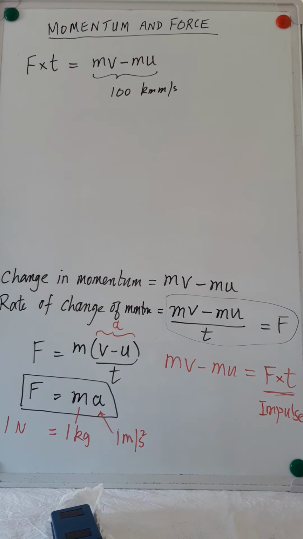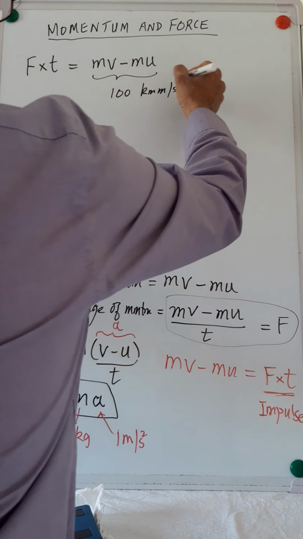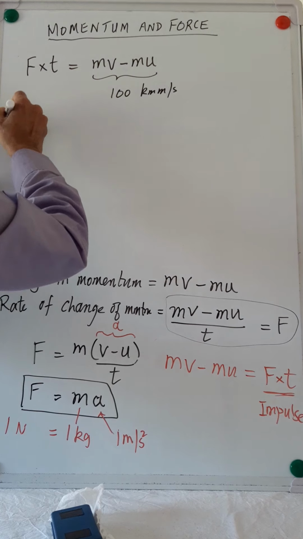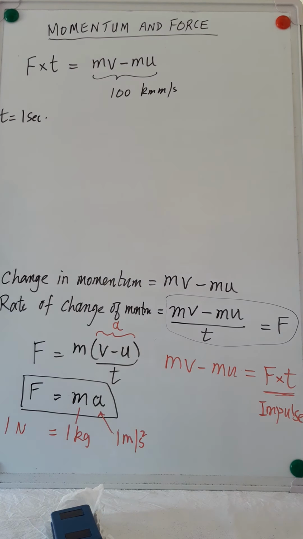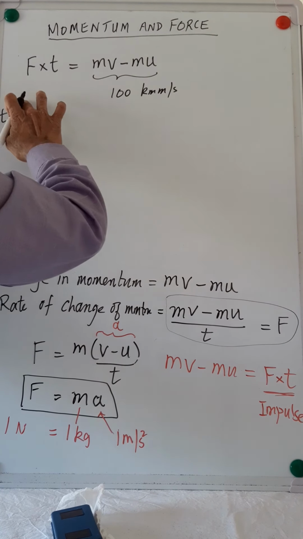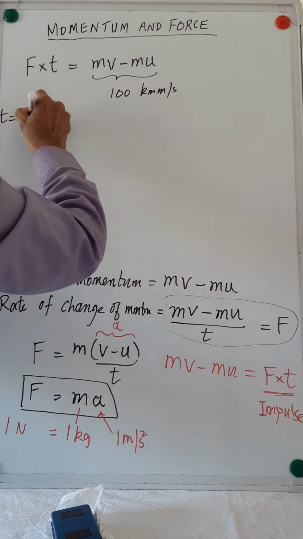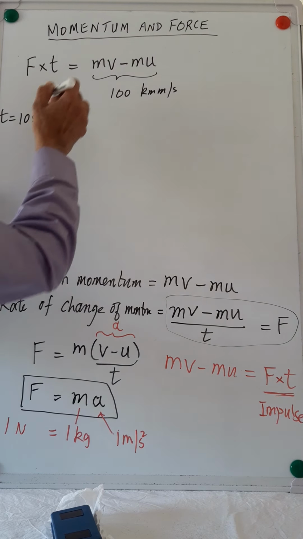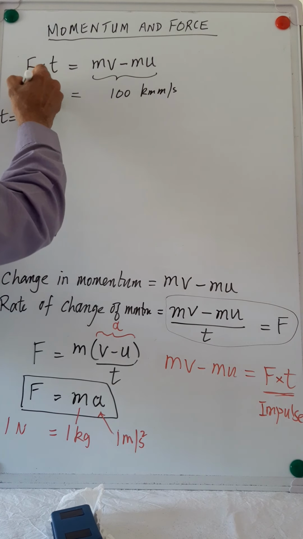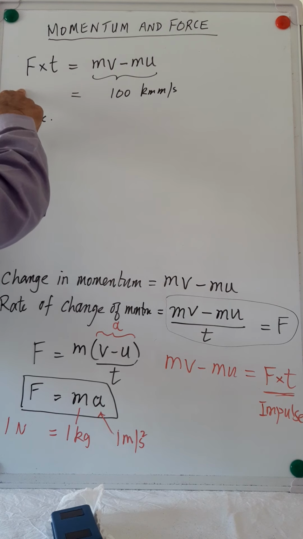Now, let's say the time is 10 seconds. To get this 100, the force must be 10, because 10 times 10 will make 100.